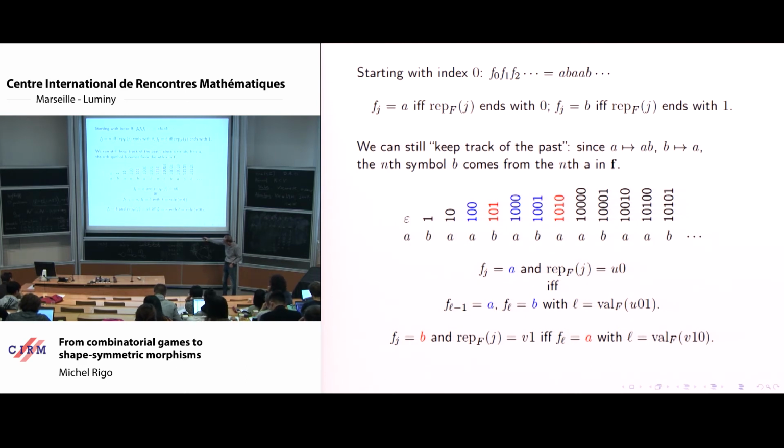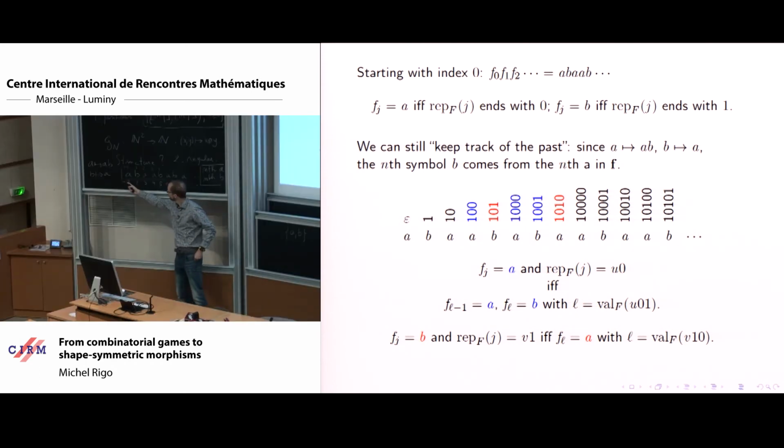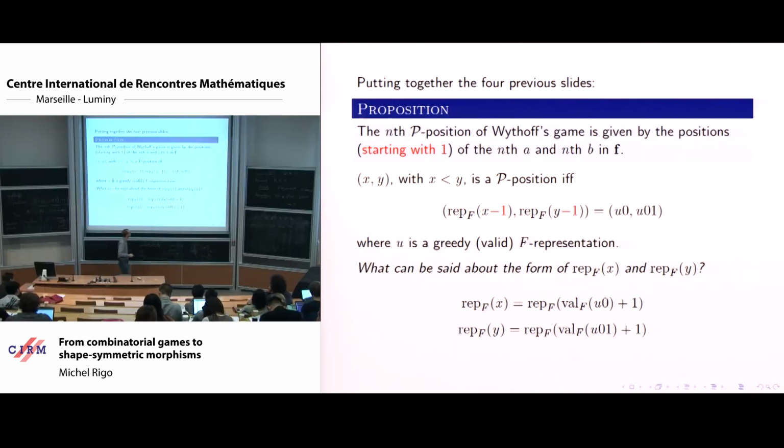And similarly, if I have a B somewhere coming from expansion v1, then it will produce later on an A with position corresponding to v10. Okay? So my only problem is that I start with 0 in all what I'm seeking here. You see, the first index is 0, but in Wythoff, I start with 1.